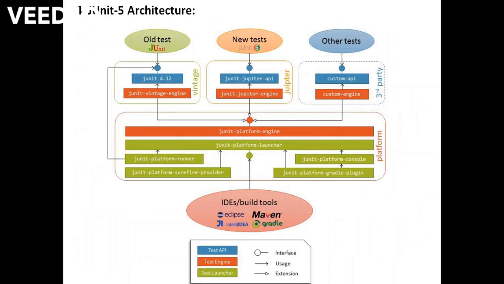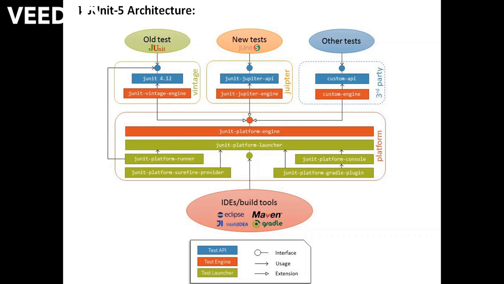Now let's move on to the JUnit 5 architecture. So this is a diagram of the JUnit 5 architecture. Here we can see in the blue rectangles, these are the test APIs: JUnit 4.12 for Vintage, JUnit Jupiter API for the new programming model, and extension test cases like custom test cases. And there are other tests.